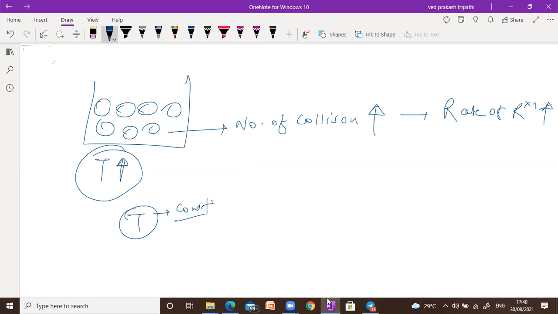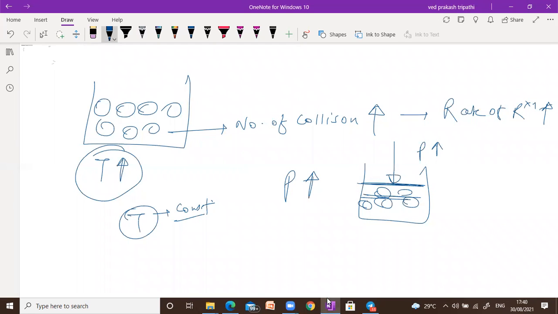Temperature is constant. So if you increase your pressure, suppose you have a beaker and you have a molecule and you have a piston. When you increase your pressure, you can see your volume will decrease. If volume decreases, the molecules are very close to each other. If they are very close, it means the number of collisions will be high.